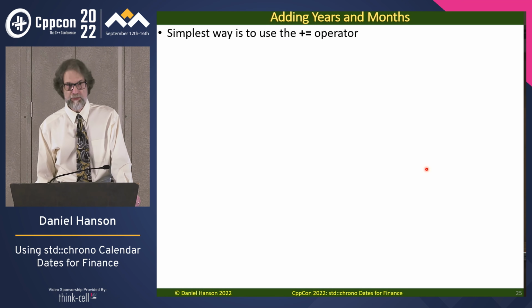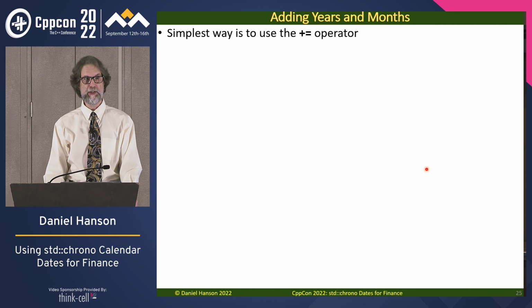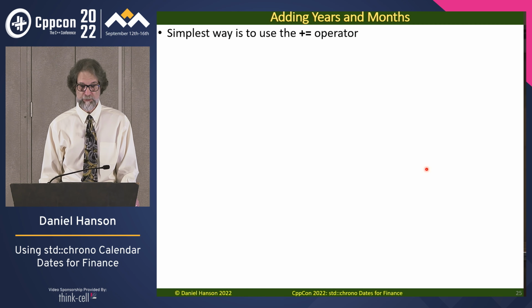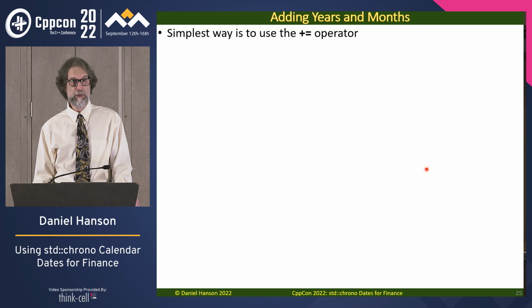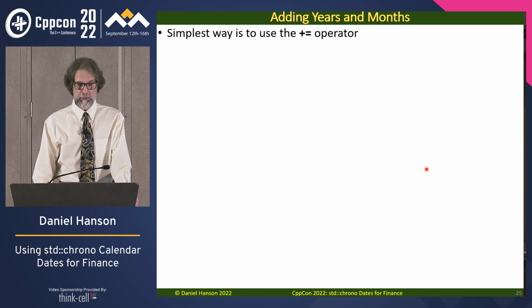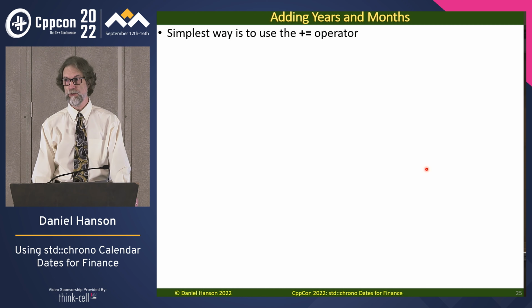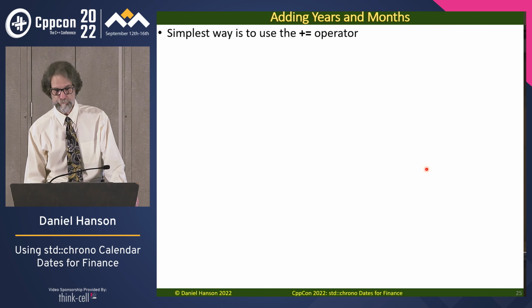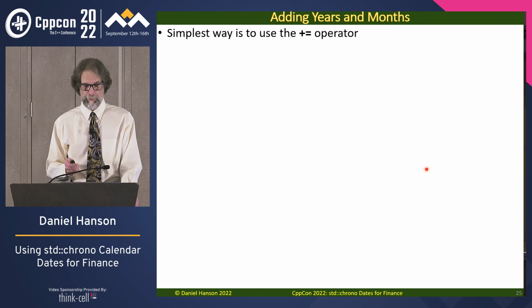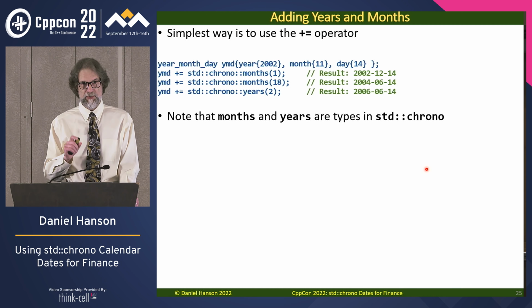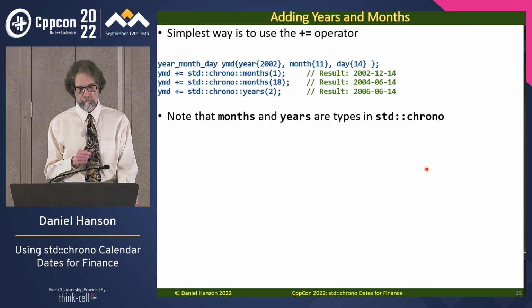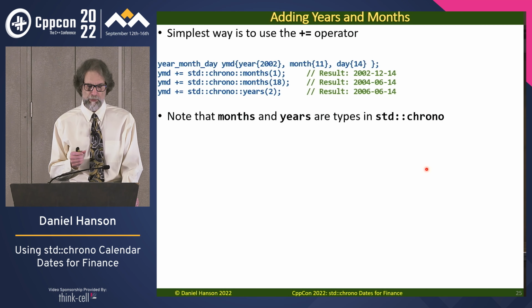Okay, adding years and months. This is something that you typically have to do as a financial programmer, especially adding months. The simplest way to do this is to use the addition assignment operator that's available in the std::chrono date class. But again, there's a little extra you have to do here.